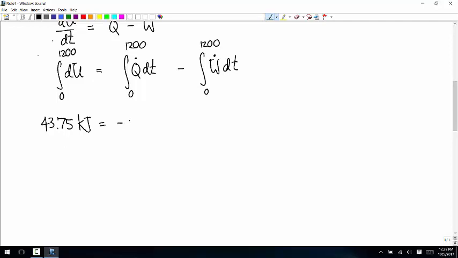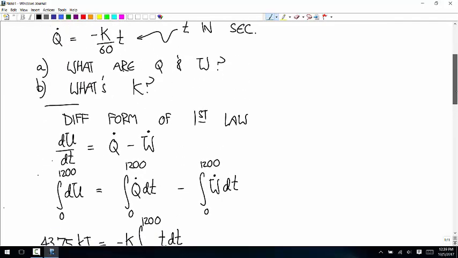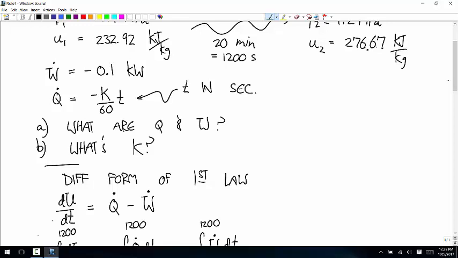So we have minus K over 60 times this integral from 0 to 1200 of t dt. And I assume it's in kilowatts, but I don't have that written down. So right now, I'm setting everything up in kilowatts, and in kilojoules it'll come out.